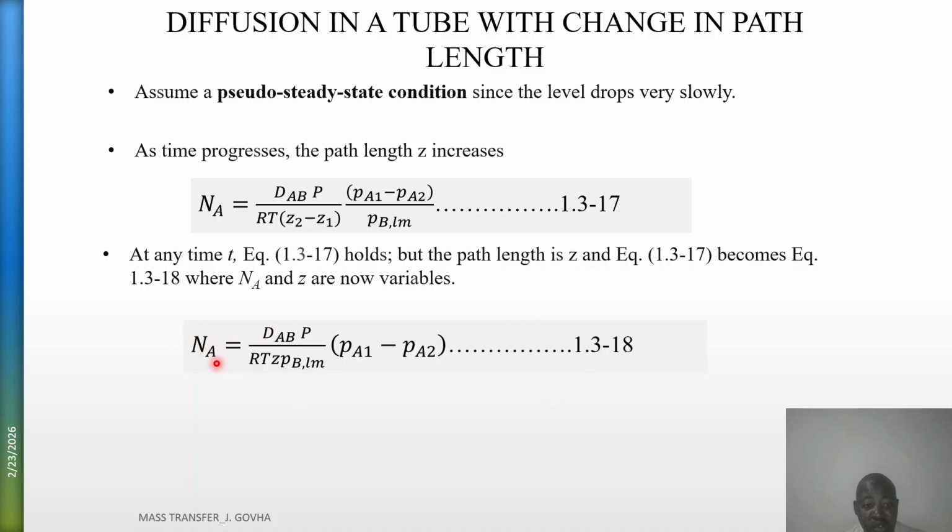You would find that NA and z are now variables, no longer constants.